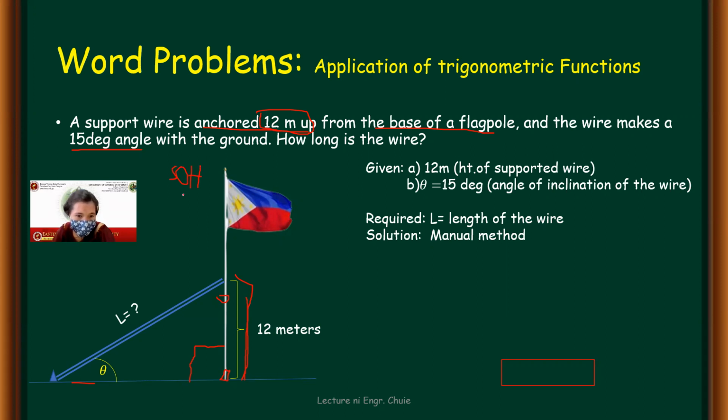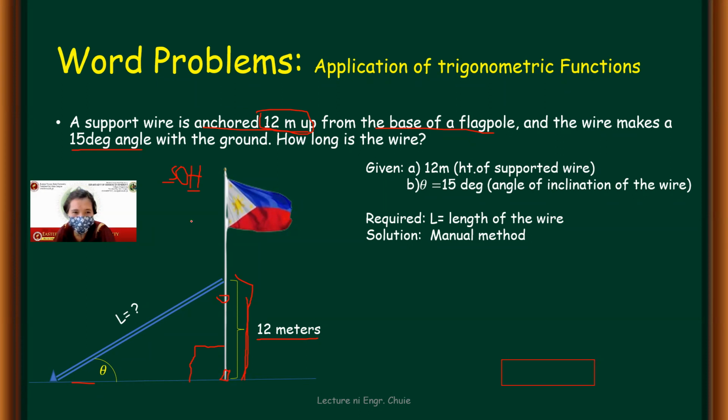Do we have the value of the opposite side of theta? Yes, opposite of theta is this one, 12 meters. How about the hypotenuse? Wala tayong hypotenuse, pero mayroon tayong sine theta. Diba? Mayroon tayong 15 degrees. So, can we use sine in this problem?